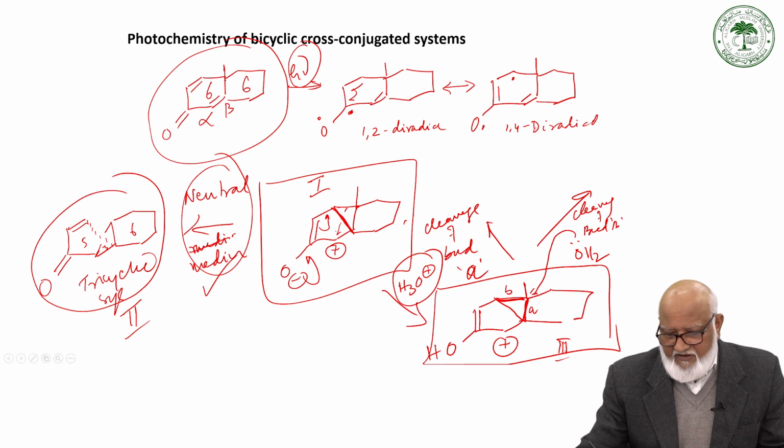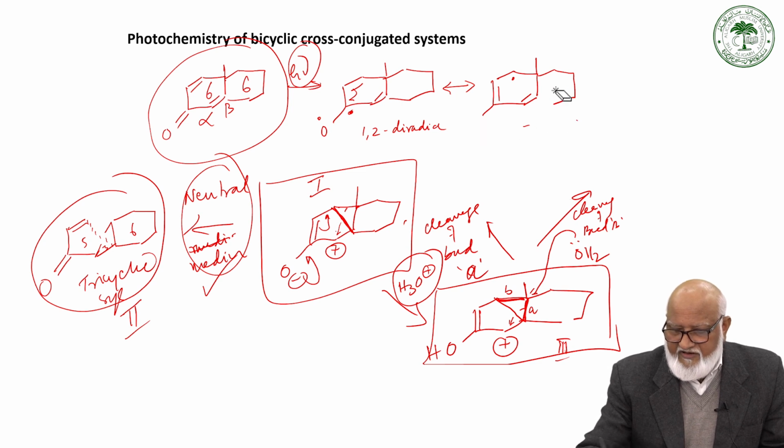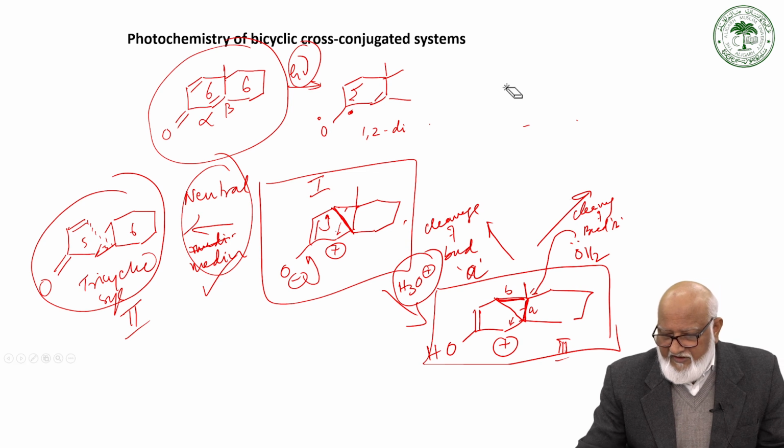So if we cleave A, then this gets cleaved and forms a double bond here, and there is of course the attack of water, which then loses a proton. So attack of water minus H plus, with cleavage of bond A.